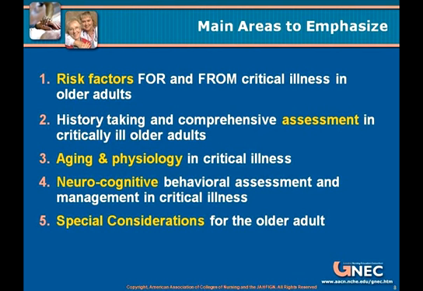One of the most important areas, I believe, and this is probably my bias, in the assessment is neurocognitive and behavioral assessment. And so managing the neurologic and thinking areas during critical illness can be crucial.